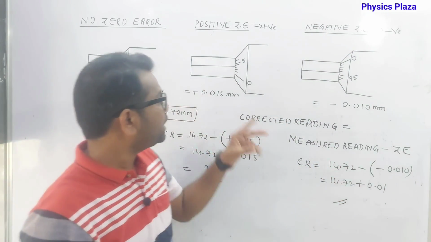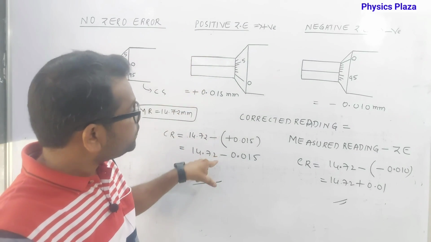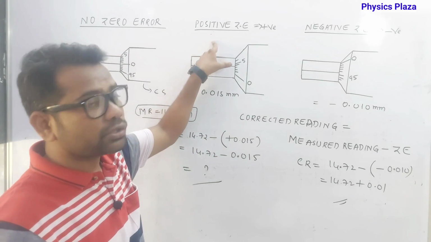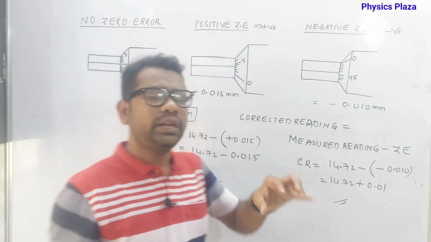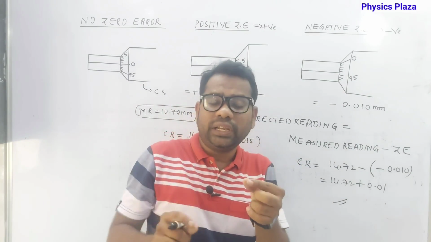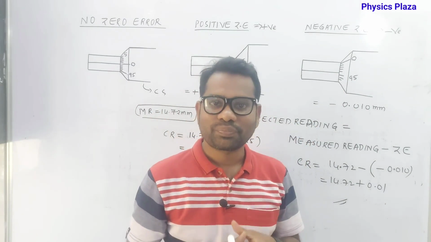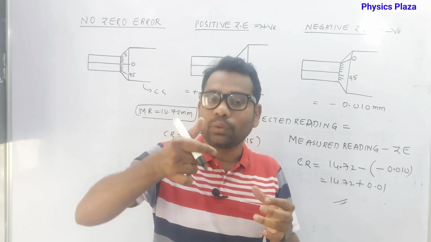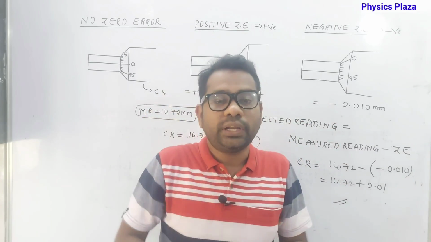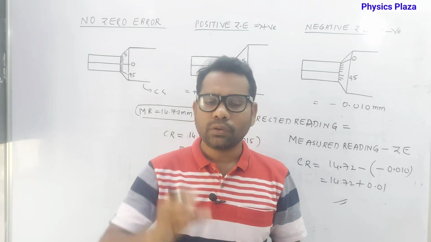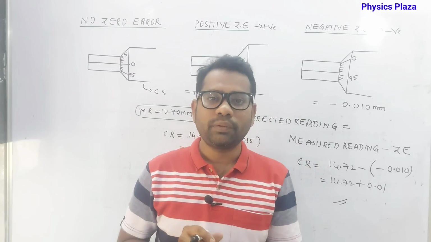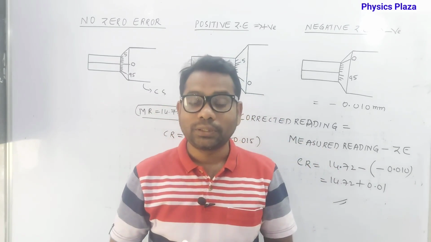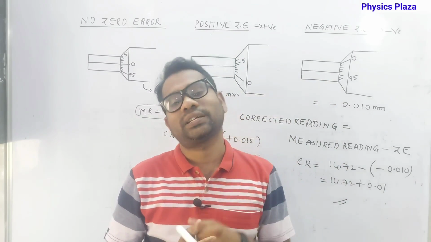You may get a doubt: sir, why should we subtract if it is a positive error? It means, children, that before rotating, it has already covered some distance. Before going to keep the object, it already has some value. So when you do the experiment, you will obviously get an extra value. That extra value must be subtracted.